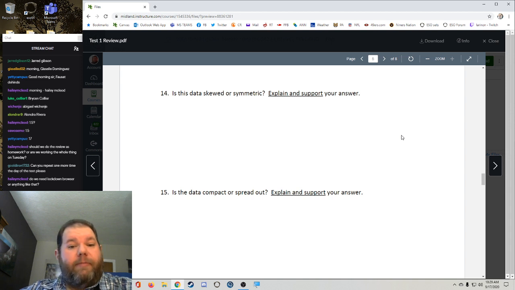It'll be a combination of different elements on this test, as you can see. But definitely file upload for the histogram and the box plot.